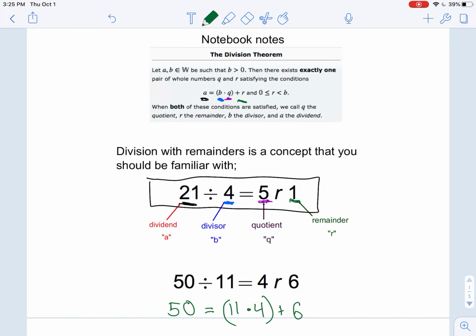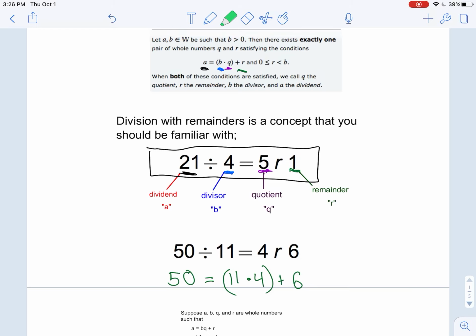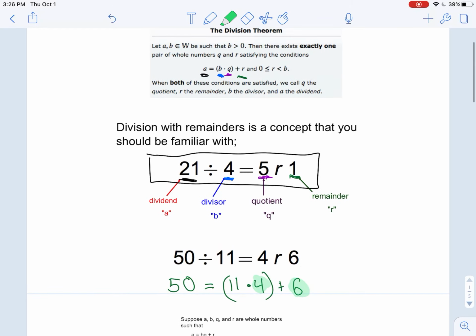Couldn't I just say 2 times 25, with the remainder of 0? Well, sure. But I'm looking for exactly one pair of whole numbers, and in this case, I'm talking about the 4 and 6 that satisfy these conditions. That is to say, our remainder is actually less than the 11. So 4 and 6 are our two numbers here.